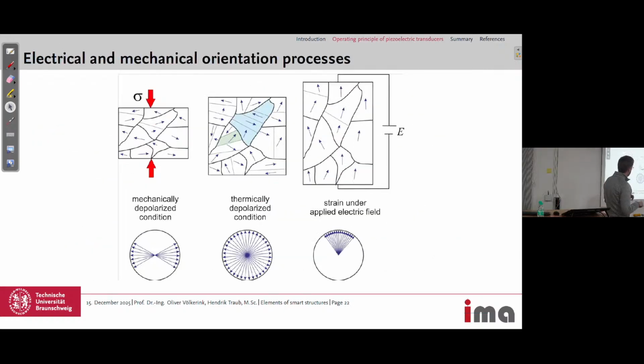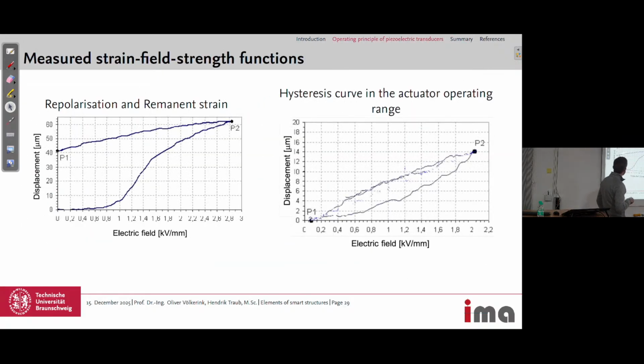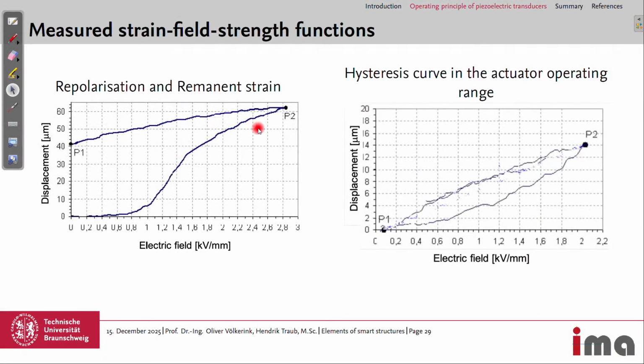So I jump back to this slide. So we say that we need an electric field higher than 2 kilovolts per millimeter to get the initial polarization, and then we try not to go up to this high value, so stay below 2 kilovolts per millimeter to not change the polarization of the piezoceramic material.